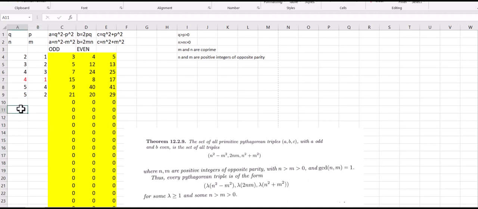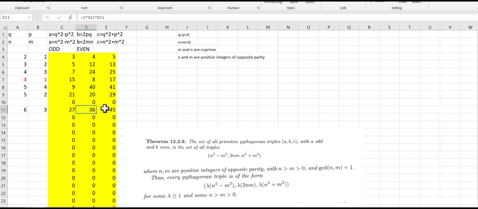Alright, let's just have an additional question. If you have 6 as the value for your n, is it possible for you to have 3 as value for m? Is this a primitive Pythagorean triple? If your answer is yes, that's a wrong answer. What do you think was violated in the theorem? Why were we not able to generate a primitive Pythagorean triple?